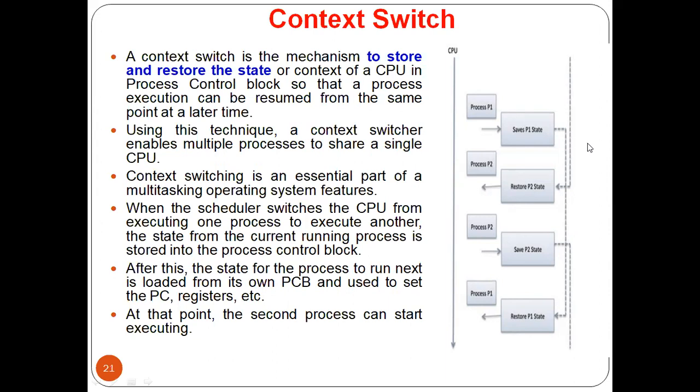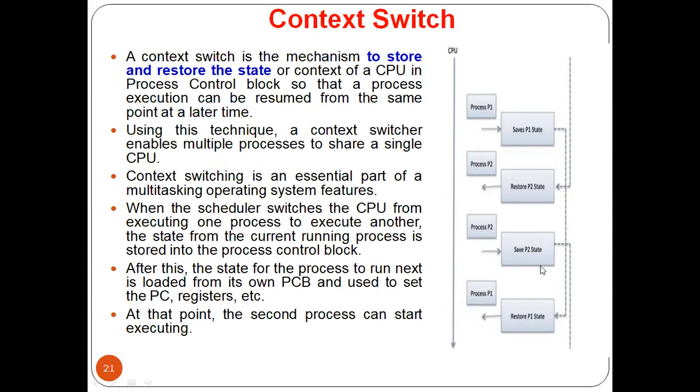Whenever it wants to continue with the process P1, the stored P1 state will be resumed, and whatever the process P1 state is, that information will be stored in the PCB. So it can be retrieved back, and we can move on to execute the next process also.